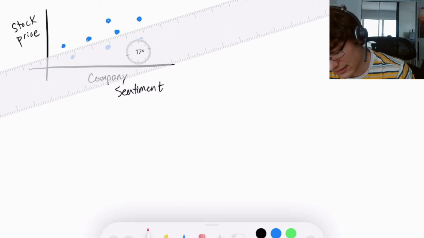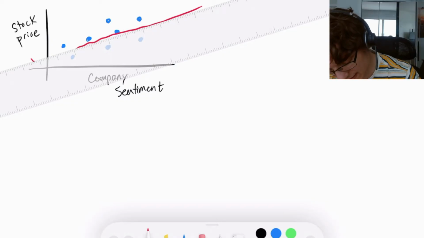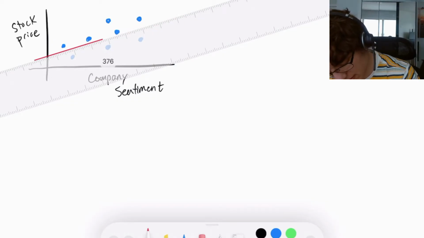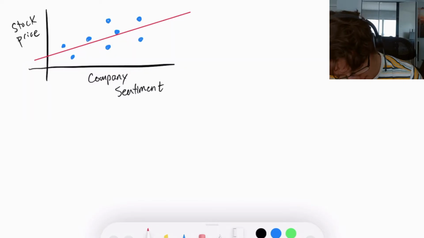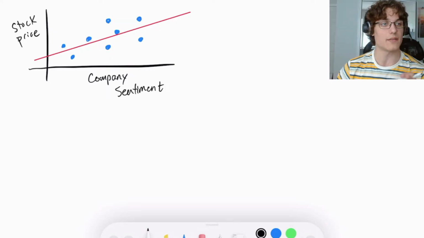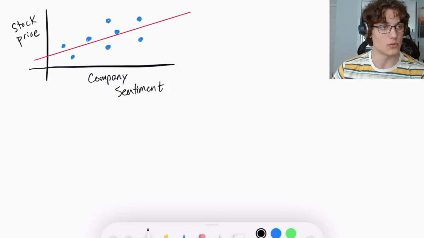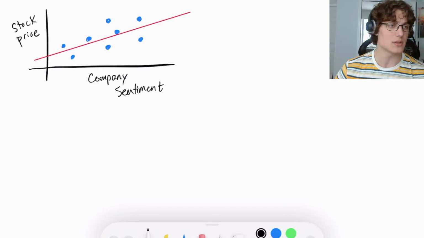Thus, we can try our best here to fit a line to these points, and that would be considered the line of best fit for this data. We'll dive into mathematically what that means in a moment, but you can just look at it graphically and say, hey, that line kind of fits the data to the best of its capacity.